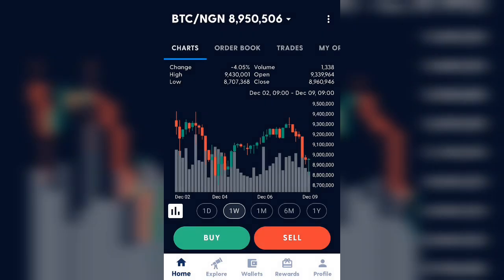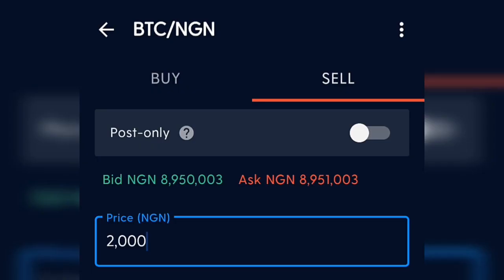If you are willing to sell, for example, you've bought at this price and you're willing to sell at around, let's say, if Bitcoin goes to 20 million Naira by next year, now you will click on sell. You click on sell right here. I want to place my price order at around 20 million Naira.